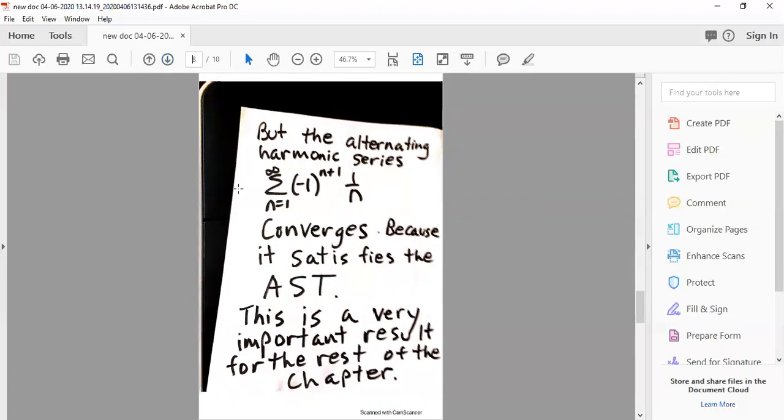This is a very important result for the rest of the chapter. A harmonic series diverges, but the alternating harmonic series converges. That's going to come up the rest of the chapter.